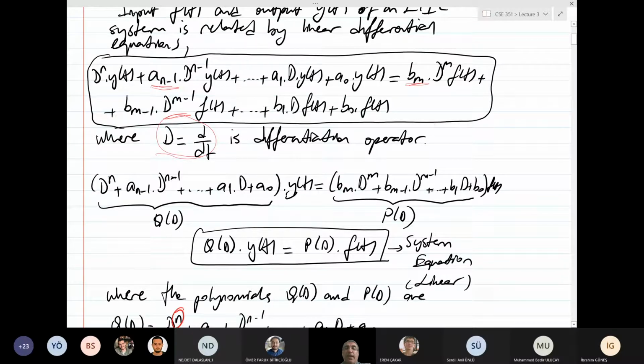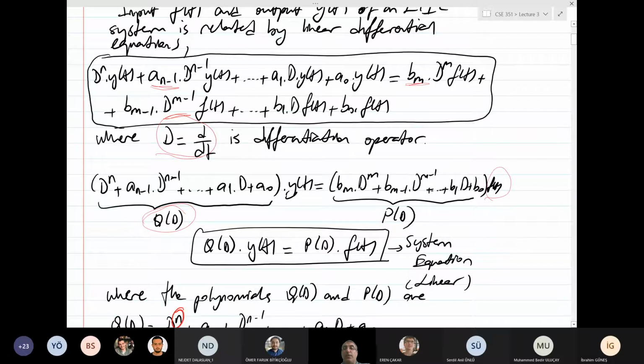Now we have D to the n plus a n minus 1 times D to the n minus 1 and so on, plus a1 D plus a0. Let's call this Q of D. Q of D is a polynomial. And on the right hand side, similarly, we take f of t out of the parentheses and we have this expression. So this expression is called P of D.